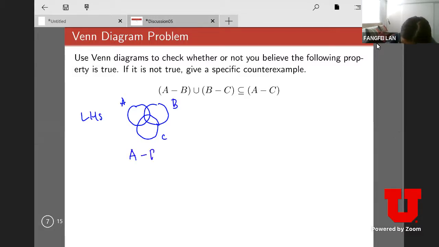A minus B should be this part. So basically when X is in A, but it's not in B. So now, oh, these are really small.